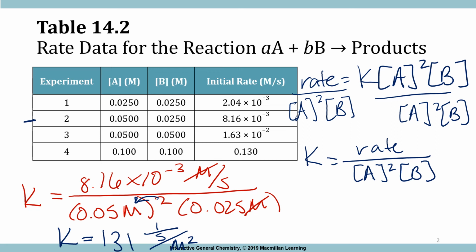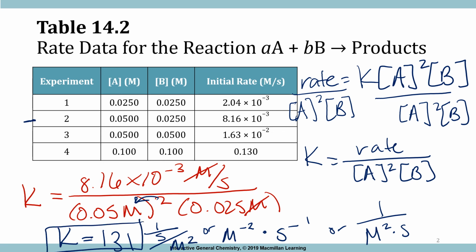But I can write that as M to the minus 2 times second to the minus 1, or 1 divided by M squared times second. However you want to do it, you're fine. As long as you know how to get the actual K value is most important. The units are more tricky.